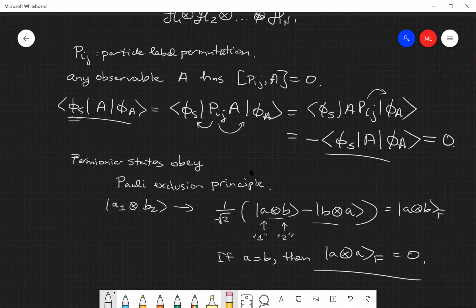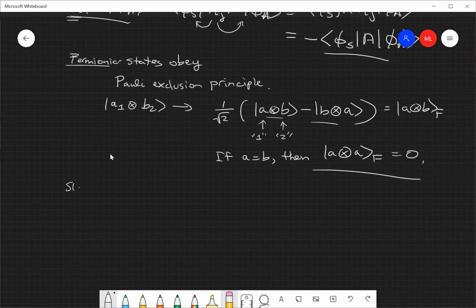Okay, and of course, for fermionic states, you can extend the anti-symmetrization to arbitrary numbers of particles. A convenient way to do that is to use the so-called Slater determinant. That's just a convenient way of writing down all of the combinations that give you a fully anti-symmetric wave function.